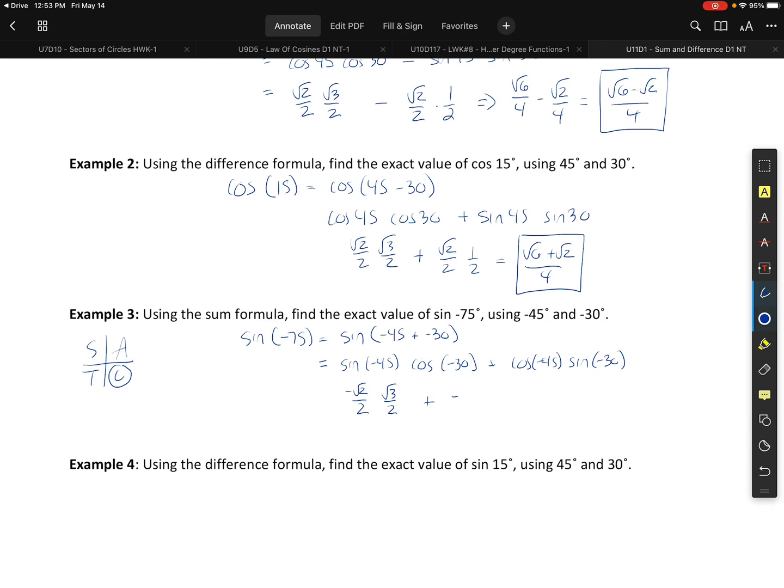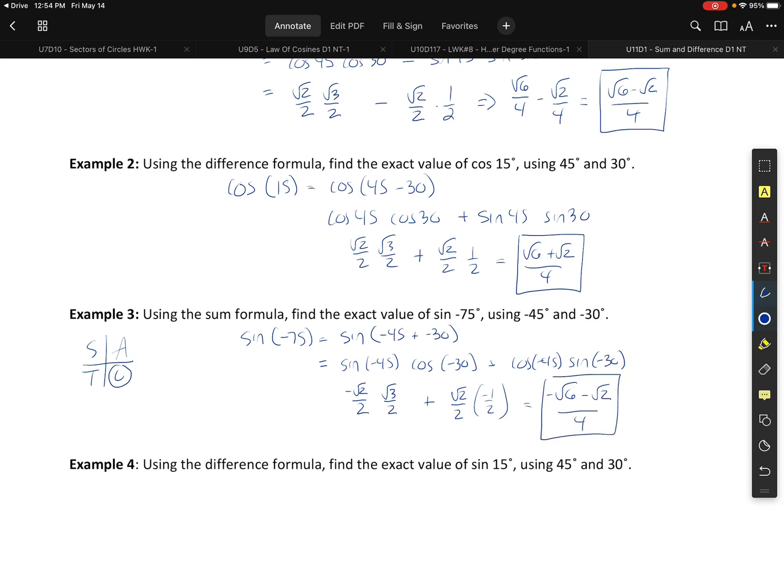Cos is positive in that quadrant. So I got rad 2 over 2, while sine of negative 30 in this situation would be negative. As we work this through, we get negative rad 6 minus rad 2 over 4.